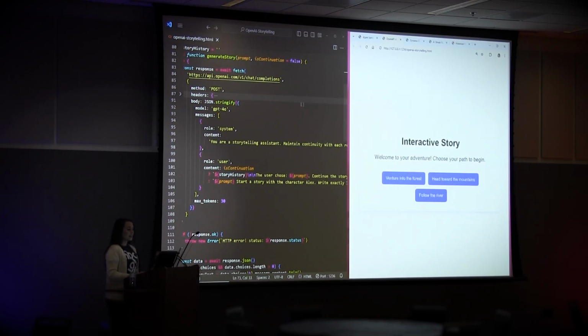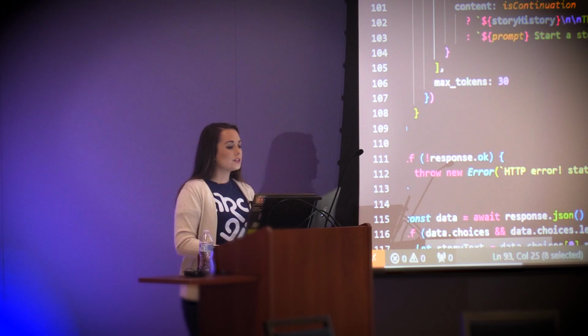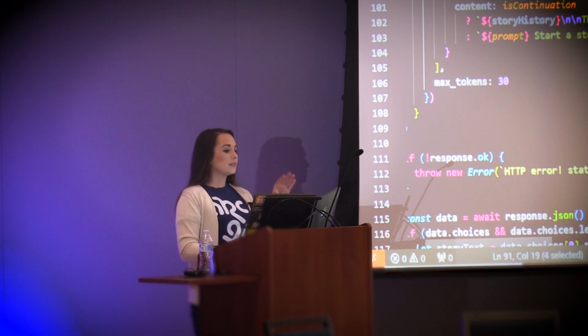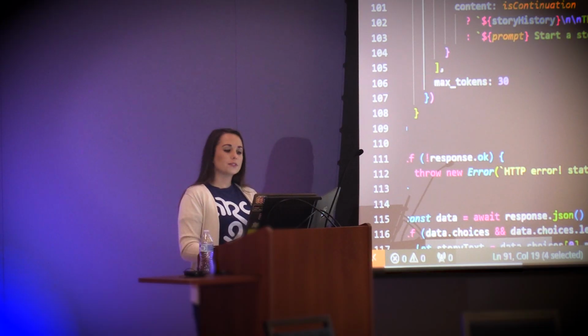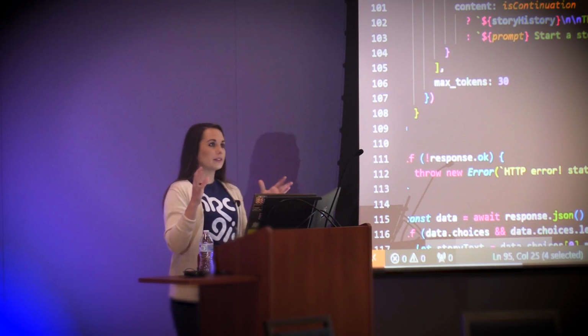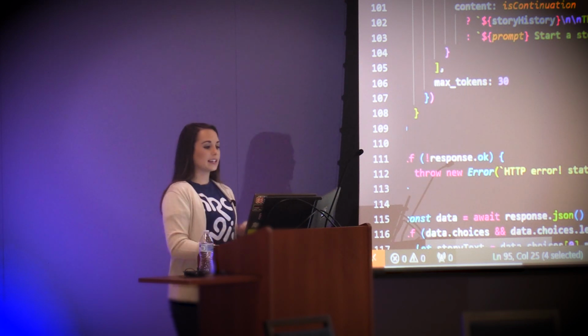All I've done here, and actually I'll explain a little bit of the code first since I have it up. With OpenAI, in order to fetch the actual results, you need to use messages within the body property, and then you give it a couple of different roles. The system role is really the overall feeling for the entire conversation of what's going to happen.